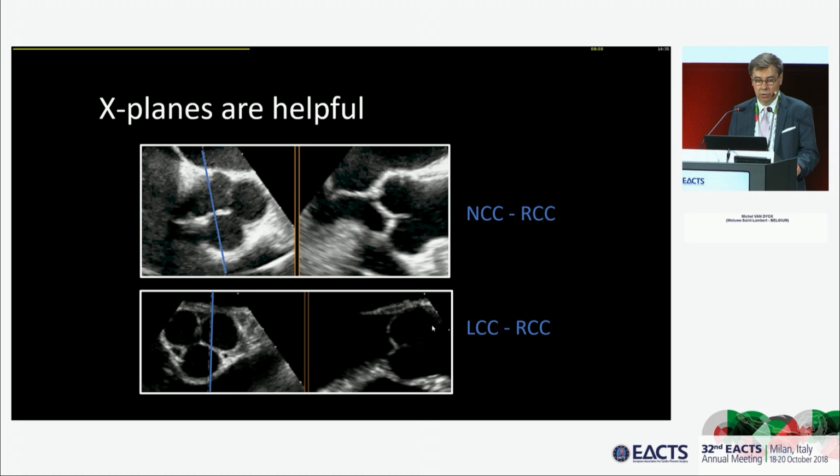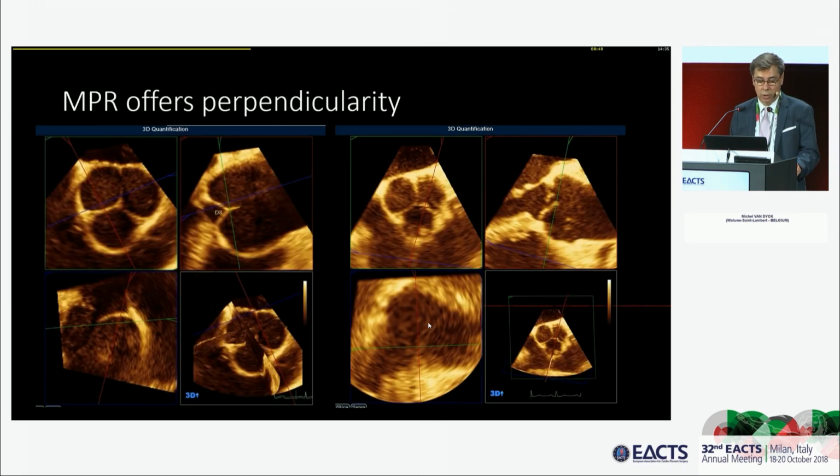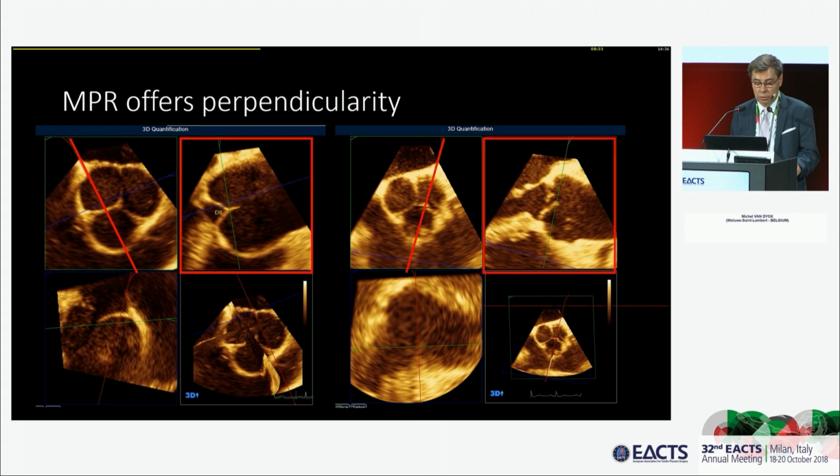so our measurements there are not very accurate. So that's why we also need to use MPR, because only MPR offers a good perpendicularity to the coaptation, and here we are sure that we are measuring a true value of coaptation between the non and the right coronary cusps, and here we can look at the coaptation between the left and the right coronary cusp.